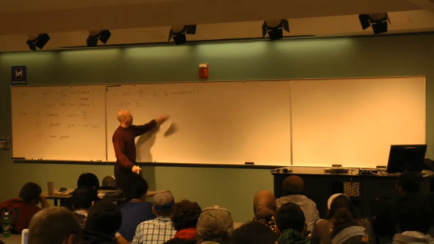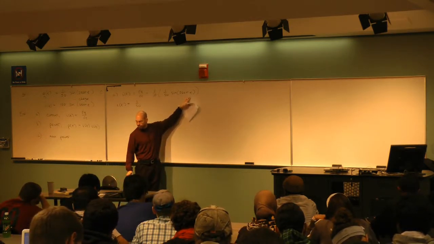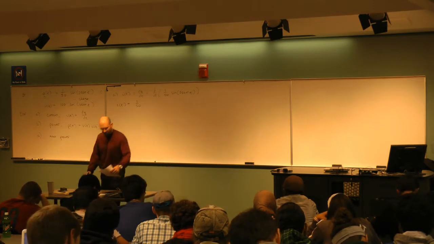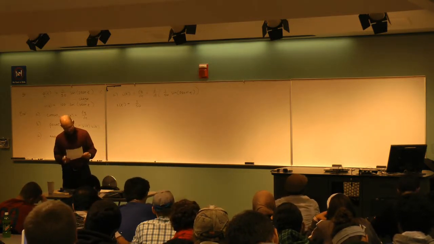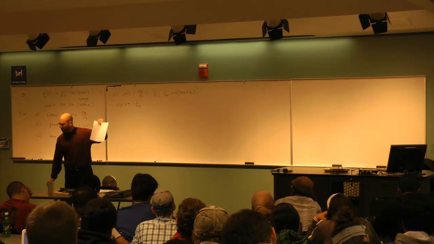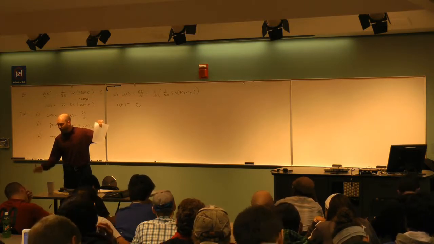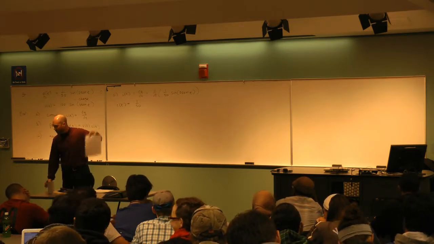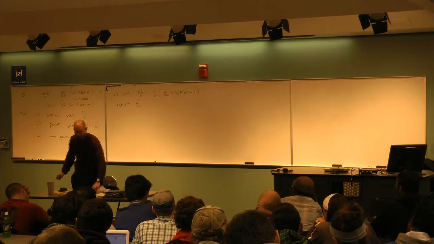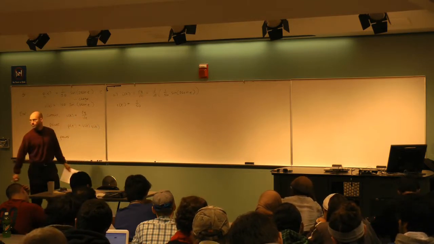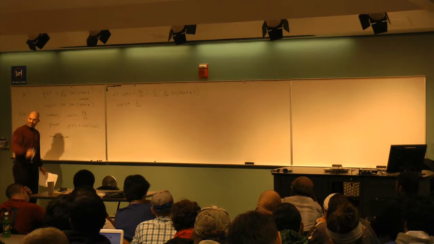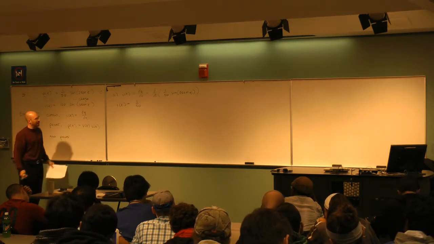And now I need the derivative of a sine function. Do we know the derivative of a sine? According to the sheet, if I've got sine omega t, where omega could be any number, the angular frequency, then the derivative of sine omega t is omega times cosine omega t. The omega comes out front, and then it's cosine omega t.